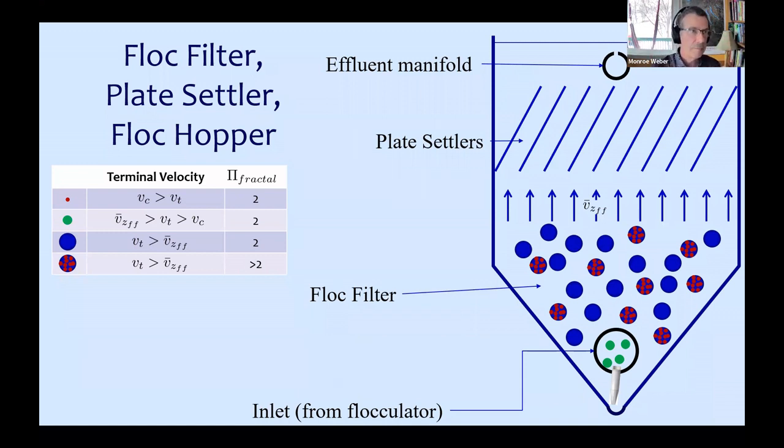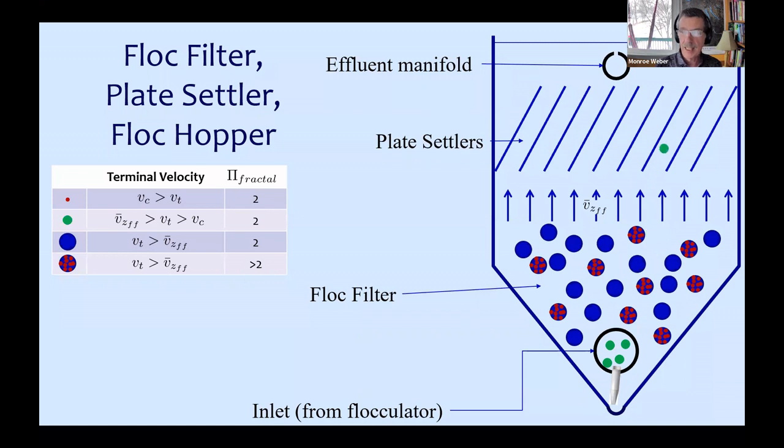This is a fluidized bed of flocks in the bottom of the sedimentation tank. And if you poked your fingers into it, you would just experience it as being water with lots of flocks in it.